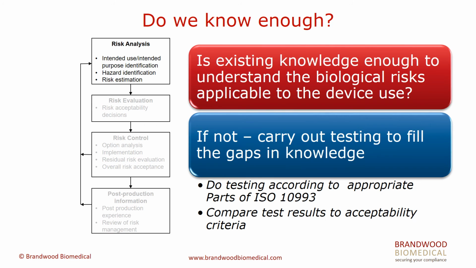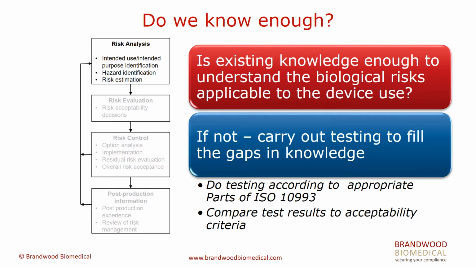We can then say, well, do we know enough? Have we established through the chemical characterization, from the literature, from a part 17 analysis, that the leachables coming out of the medical device are within tolerable limits? If we can't establish that, we may then need to do testing to fill the gaps in our knowledge.